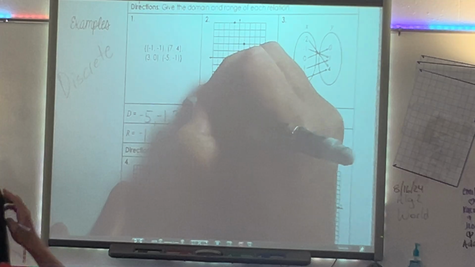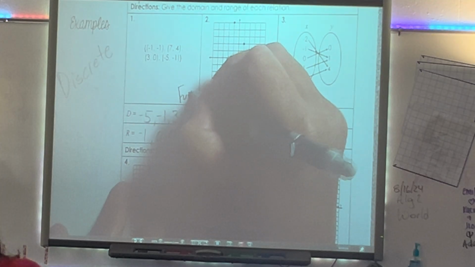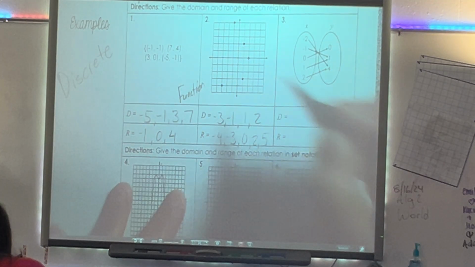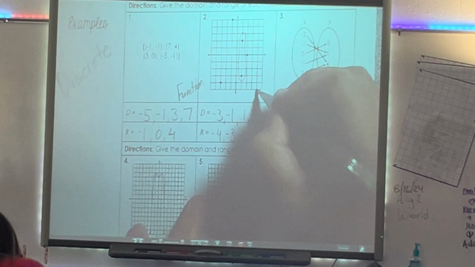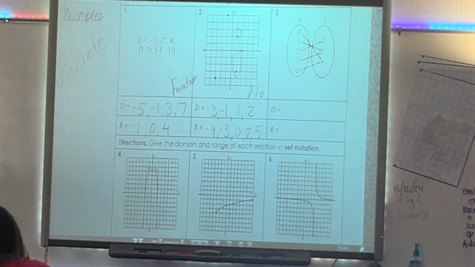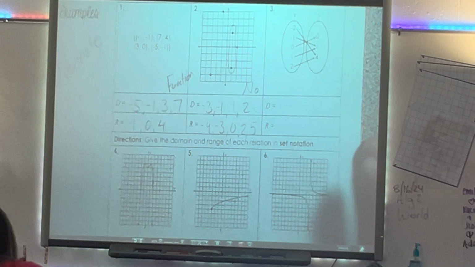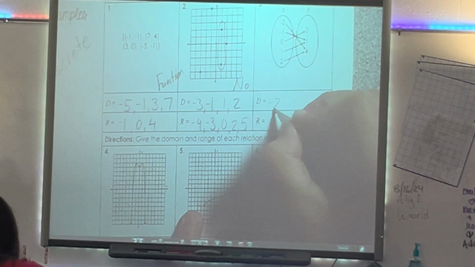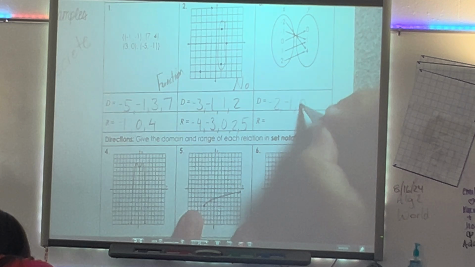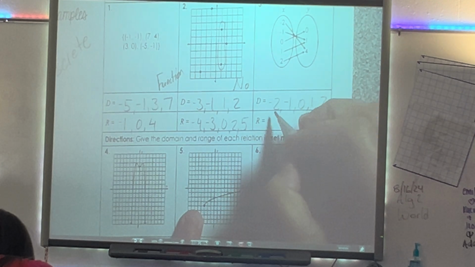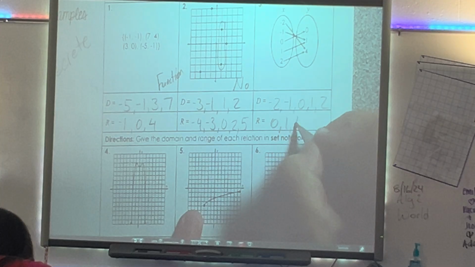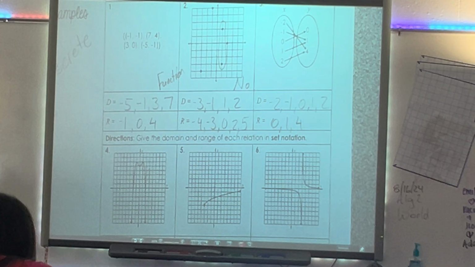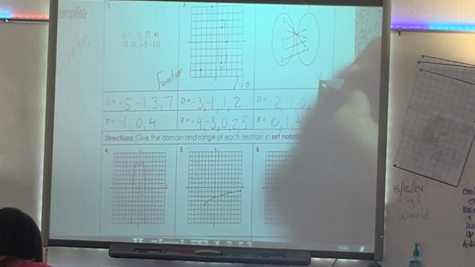So this is a function. This one looks okay. What about this one here? Not a function. Okay, here, domain, -2, -1, 0, 1, and 2, and range, 0, 1, and 4. Function, yes, no? Yes, okay.